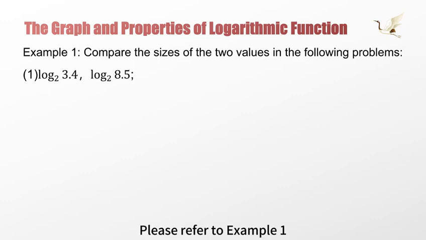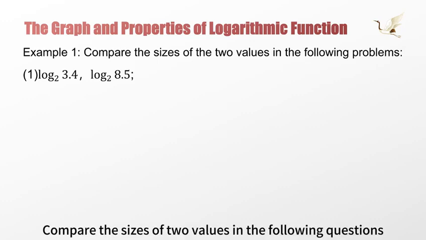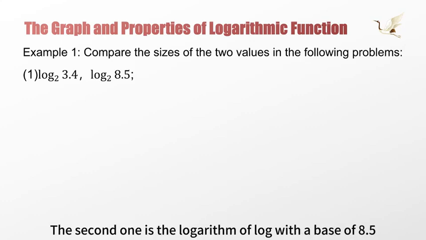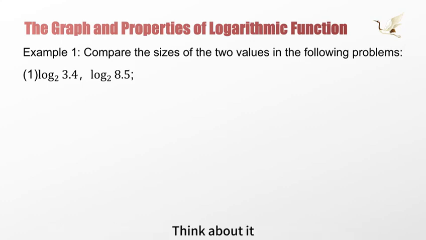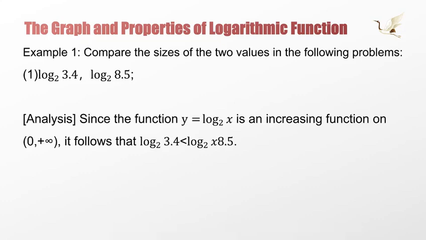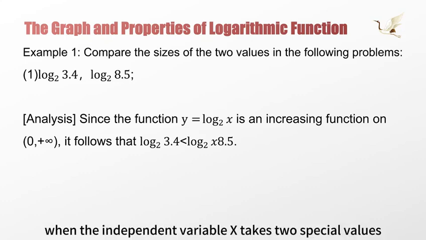Please refer to example 1. Compare the sizes of two values in the following questions. The first one is the logarithm of 3.4 with a base of 2, and the logarithm of 8.5 with a base of 2. Think about it. Where have you seen this type of problem before? Although these two values are fixed, they can be regarded as function values of a changing function, when the independent variable x takes two special values.